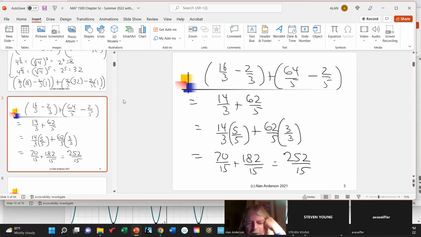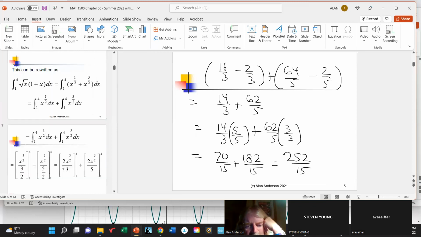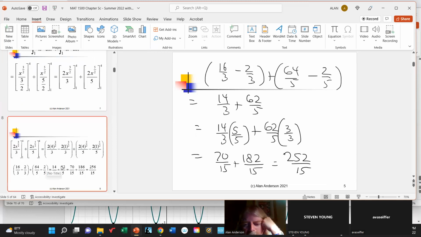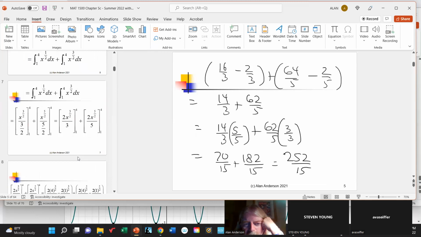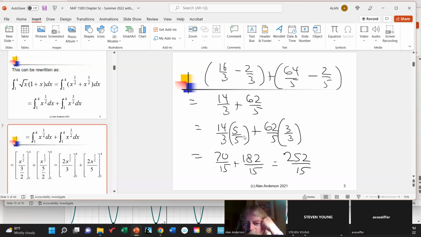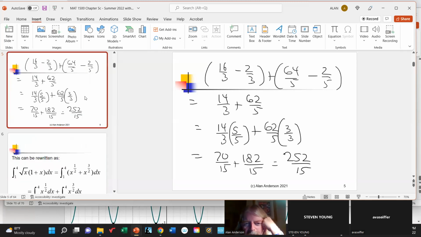So if I haven't made any algebraic errors, that should be it. No, something's not right. Ugh. There's one mistake in there somewhere. All right, let's figure it out.